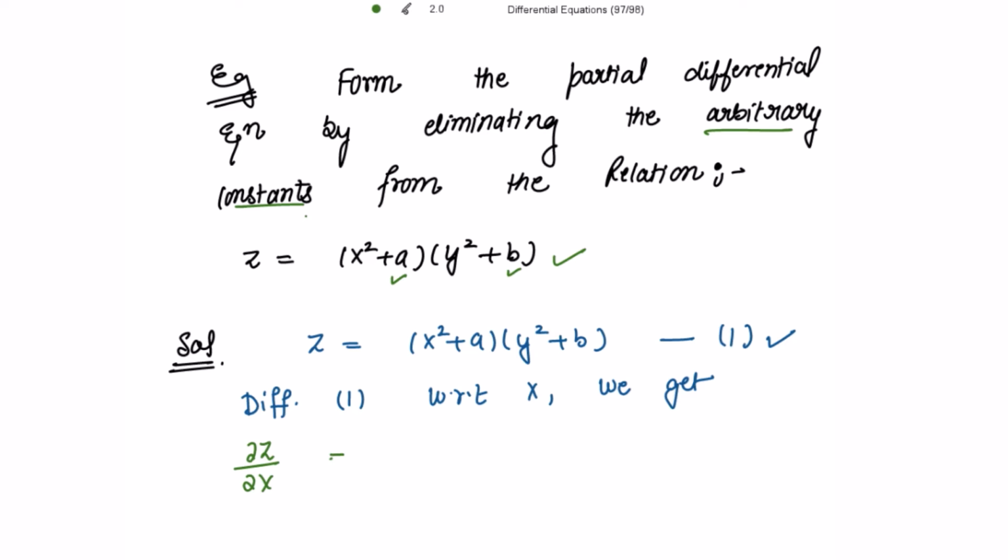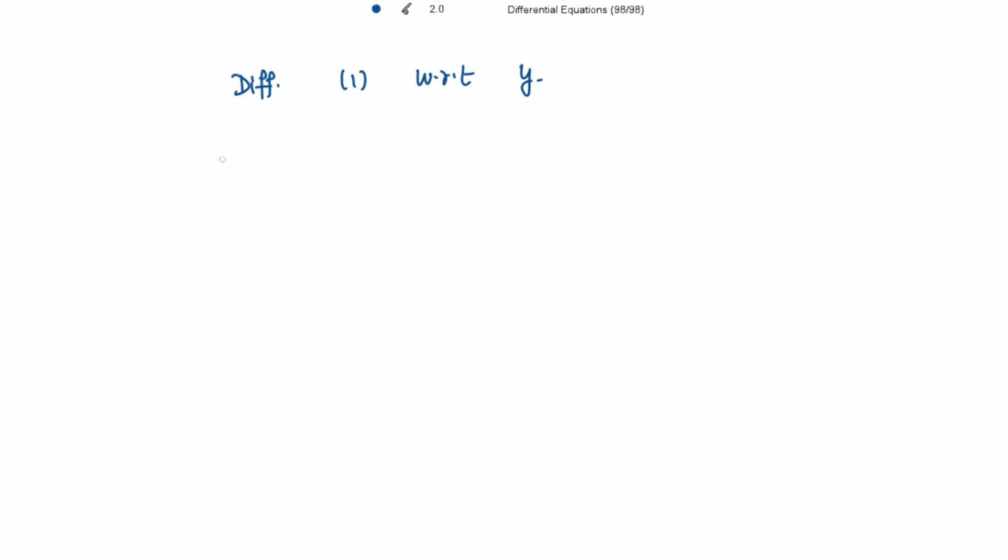So when differentiating 1 with respect to x, we are using the sign partial derivative of z with respect to x, and it is equal to, okay, first function, derivative of second with respect to x is 0, plus second function, derivating first function with respect to x, it is 2x. So we are getting 2x into (y square plus b). Now let's differentiate equation 1 with respect to y. So for that we write partial derivative of z with respect to y.